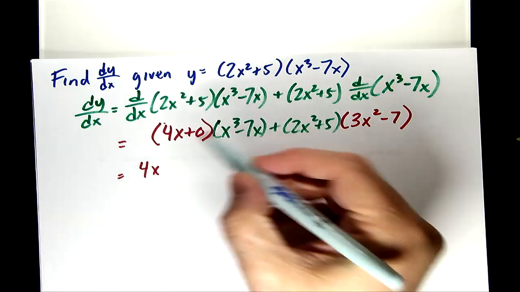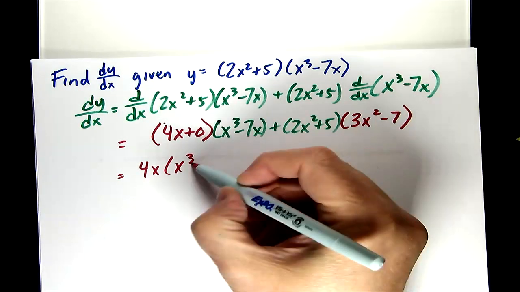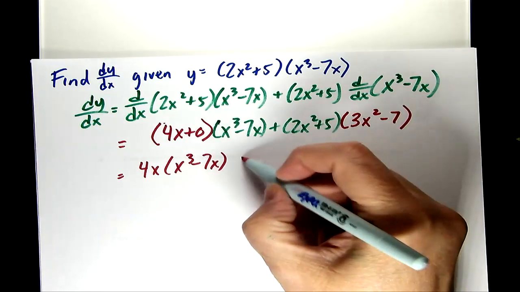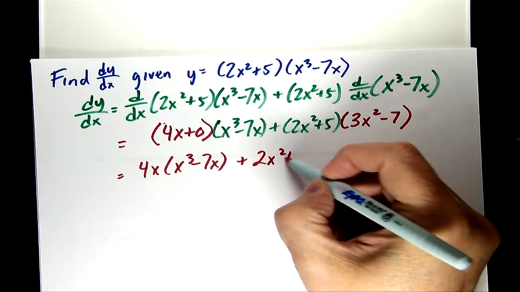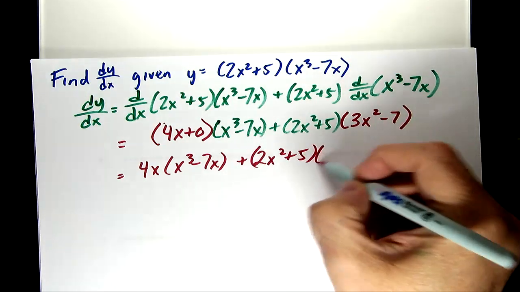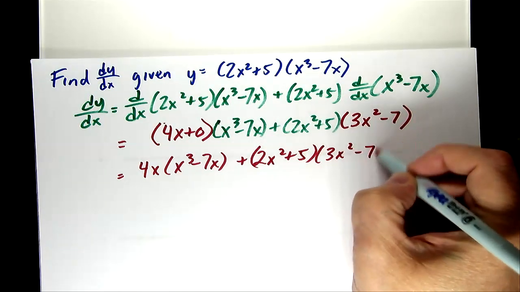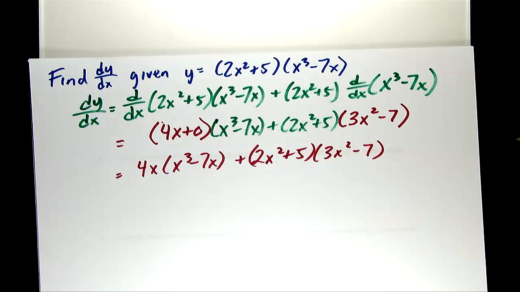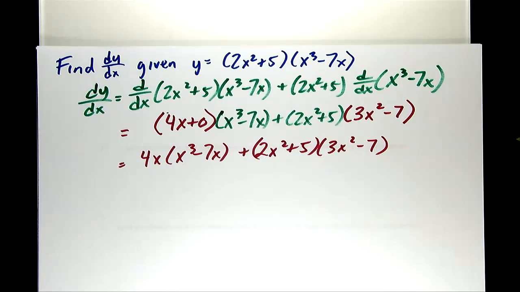So we have 4x times x cubed minus 7x plus 2x squared plus 5 times 3x squared minus 7. I think if you left it there, it'd be fine.